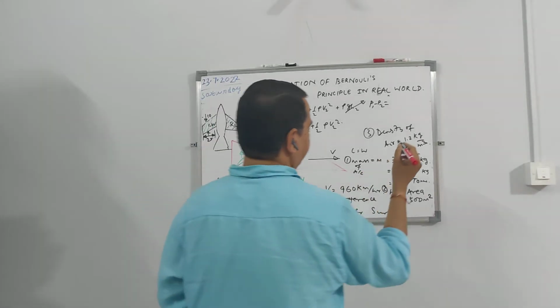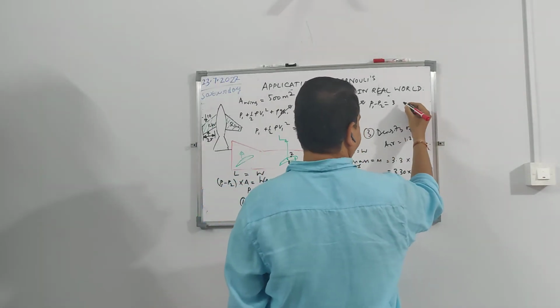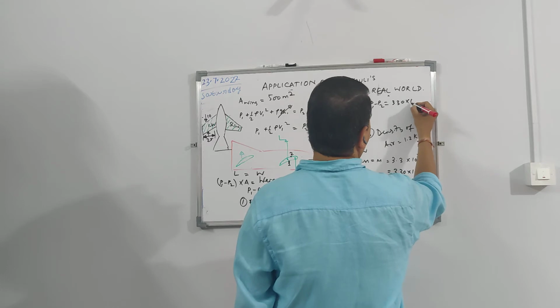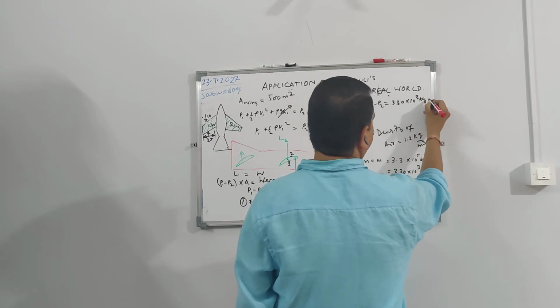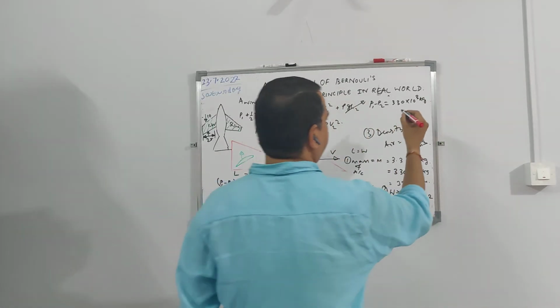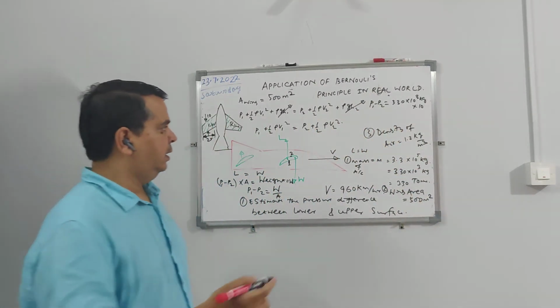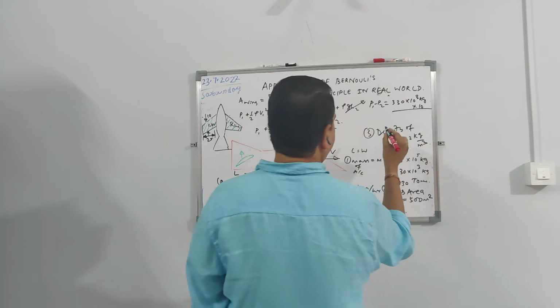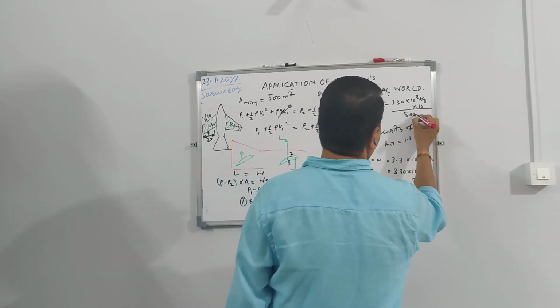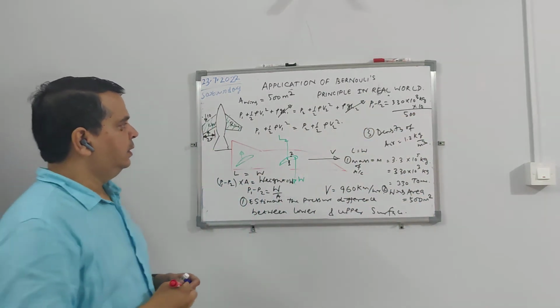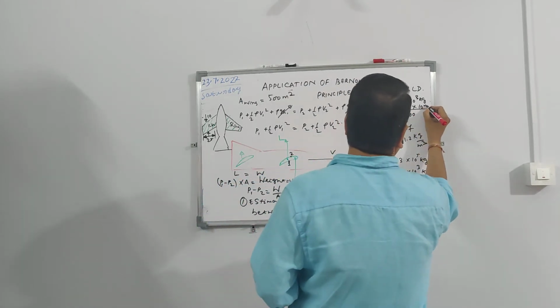So that is 330 into 10 to the power 3 kg, into G, which is 9.8. Let us consider it as 10. Then divided by 500. So this is meter per second square.